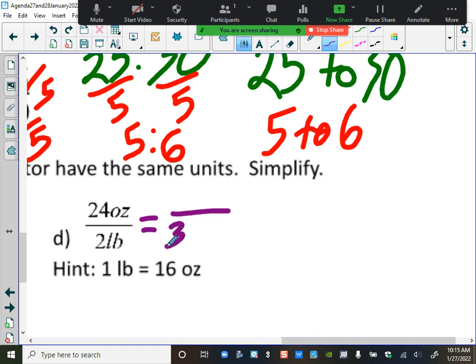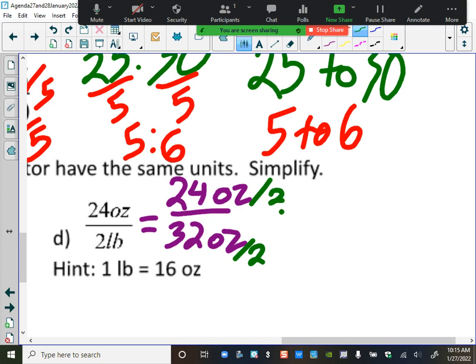Bottom, in the place of 2 pounds. And I think you can simplify. 2 is a good start. If we divide both by 2, you get 12 on the top, and then for the bottom, you get 16.